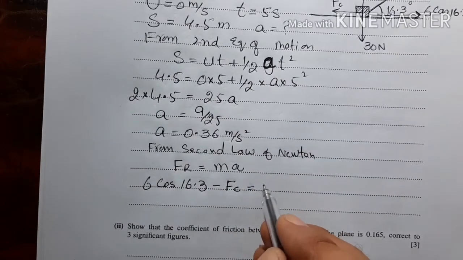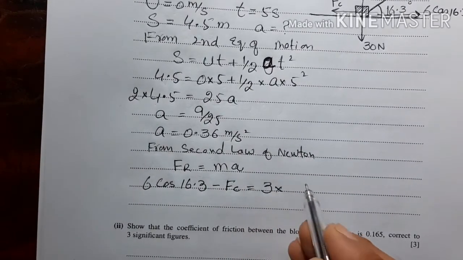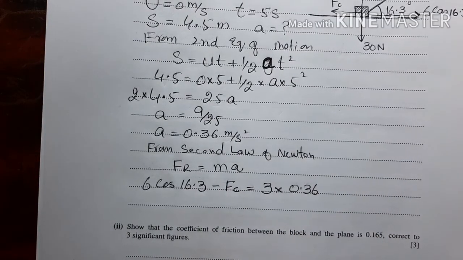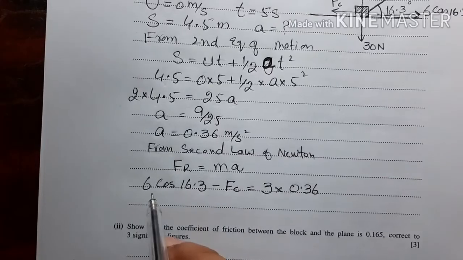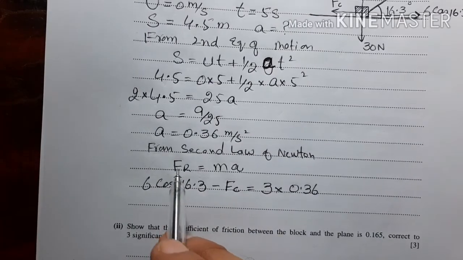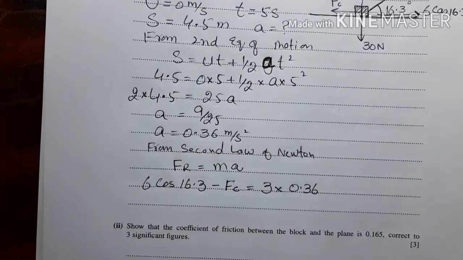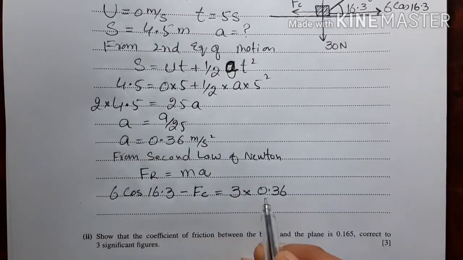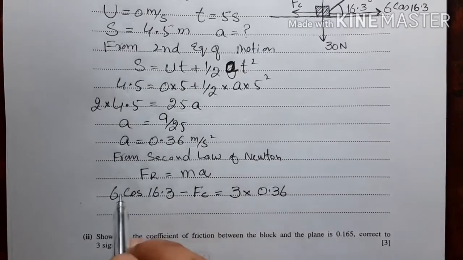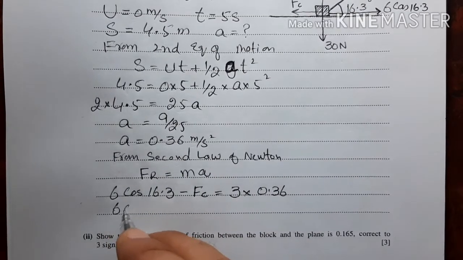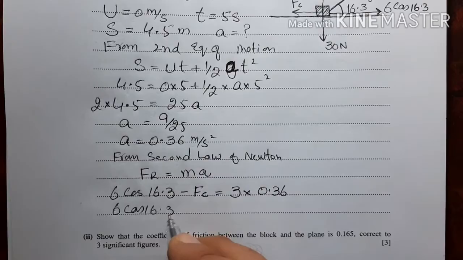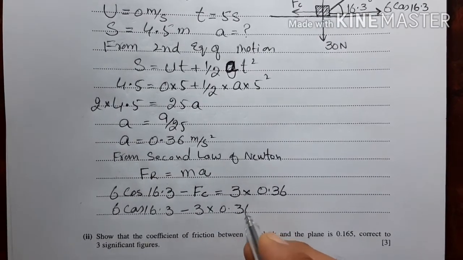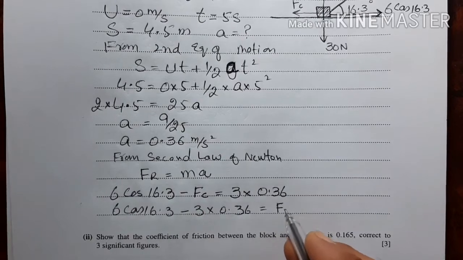M is the mass of the particle, 3, and A is 0.36. Okay, so take FC on the other side and 3 multiplied by this on this side, so it will be 6 cos 16.3 minus 3 into 0.36 is equal to FC.